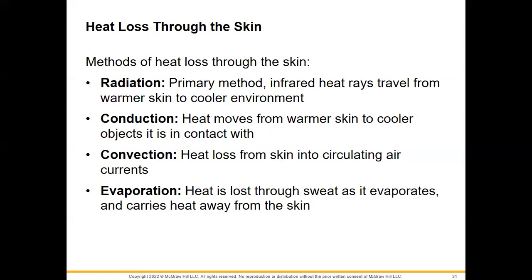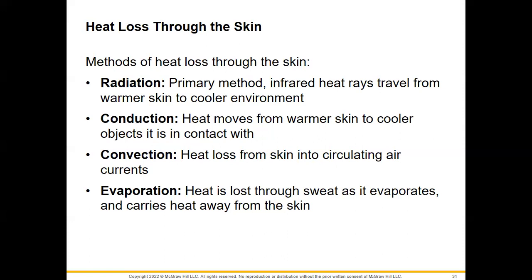So the ways that the body loses heat, there are four. For many of you, understanding the difference between these four is going to take a little bit of time. So make sure that you are sitting with it so that you understand it.